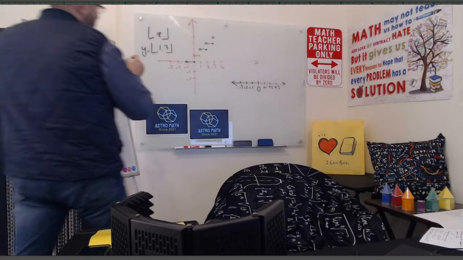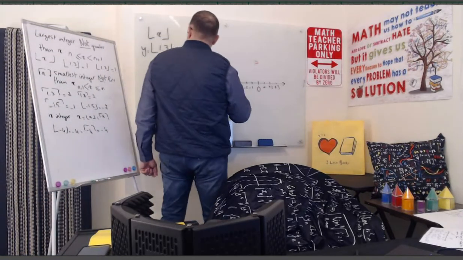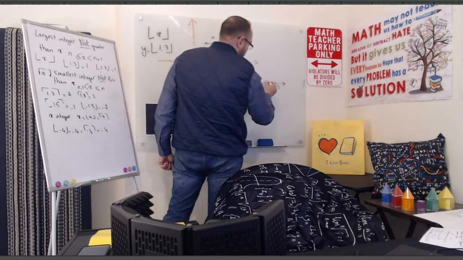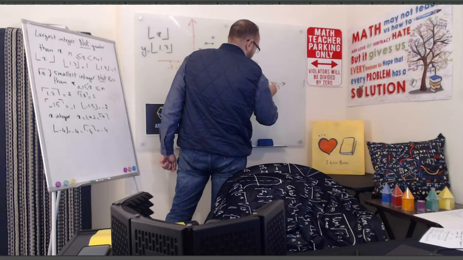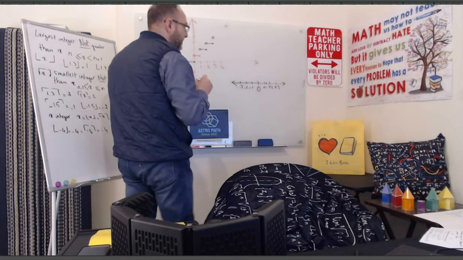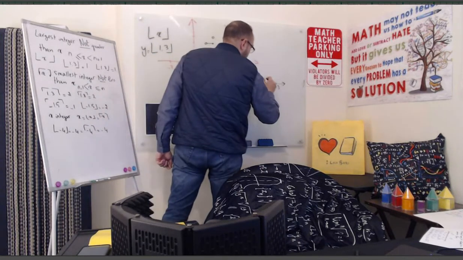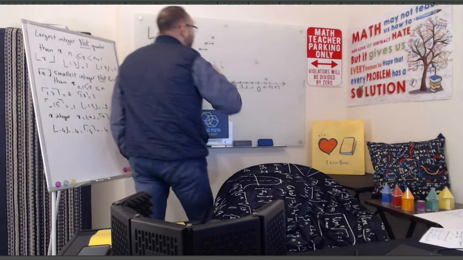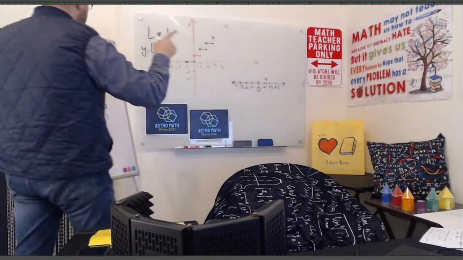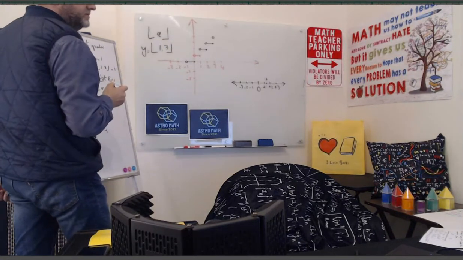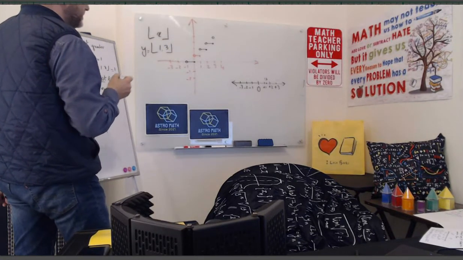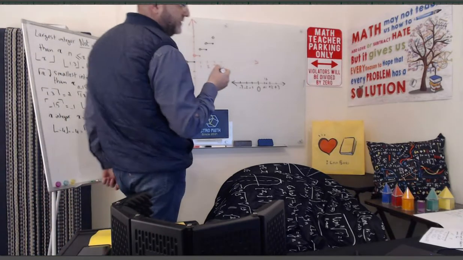So if you come and you put it simply on a number line, where does 1.3 go? 1.3 goes right here, right? What is the largest integer here that is not greater than x? Is it 2 or 1? It's 1, because if you put 2, it will be greater than x.